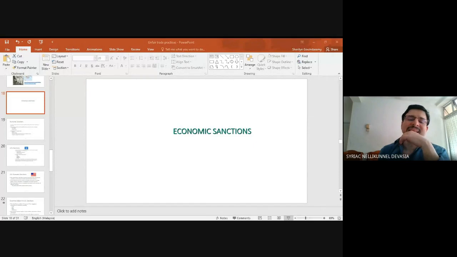So once sanctions are imposed, for example, sanctions were imposed on Iran. So no countries were able to trade with Iran, especially buying oil, like India. India stopped buying oil from Iran. Similarly, many countries could not buy oil from Iran.